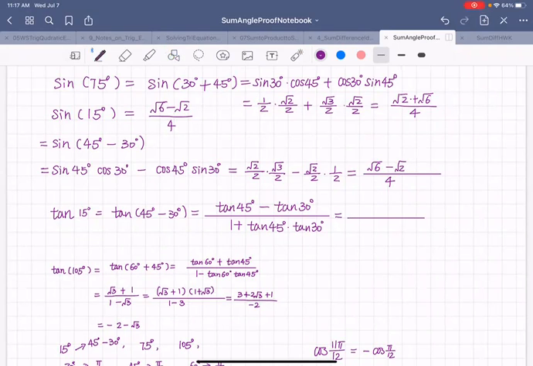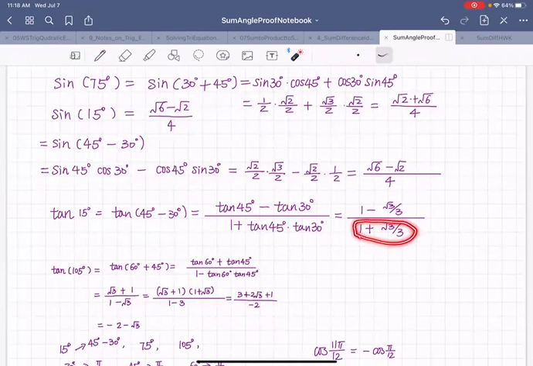So that would be 1 minus square root 3 over 3, over 1 plus square root 3 over 3. Okay. We don't want the denominator to have radicals, so we need to times the conjugate.